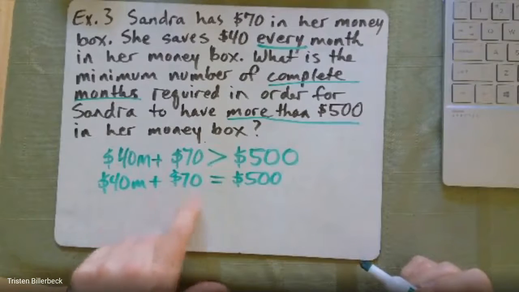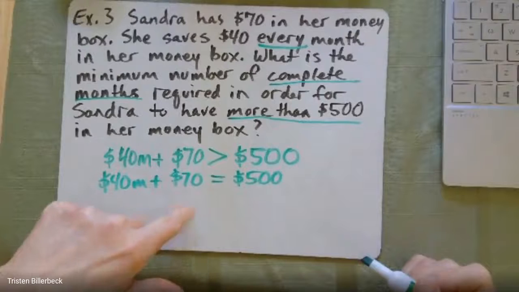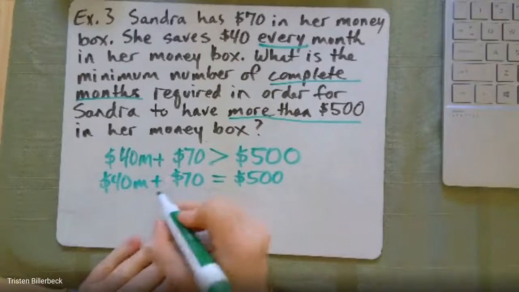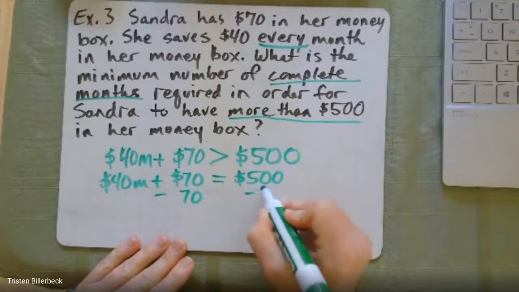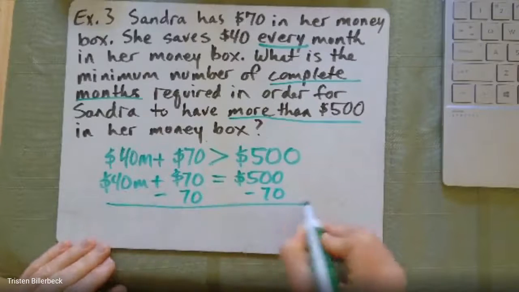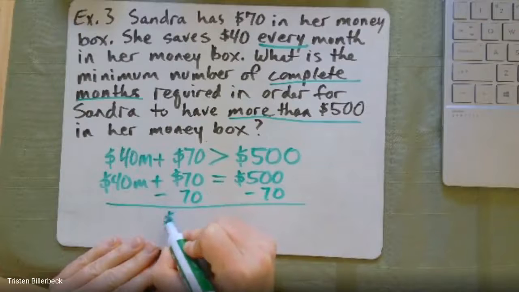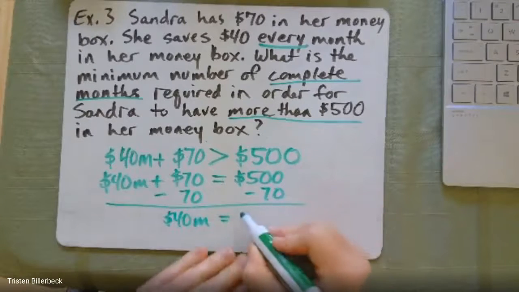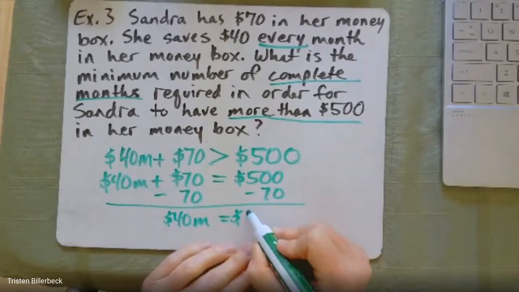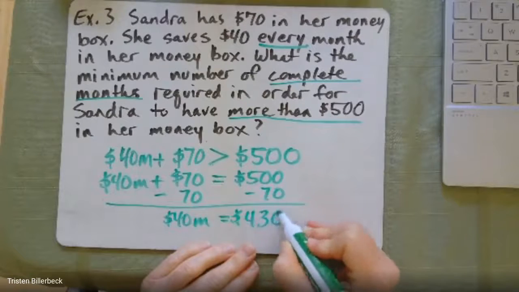Okay, so we have $70 here. It's plus. We want to move it to that side. So we put a minus 70 under it, minus 70. And we have $40 a month equals, and this becomes $430.